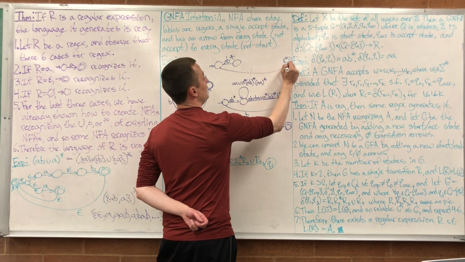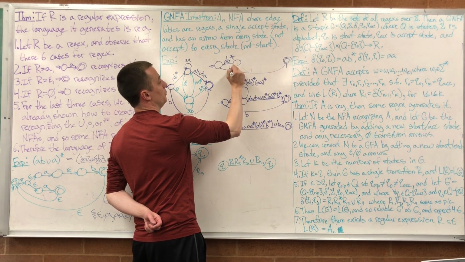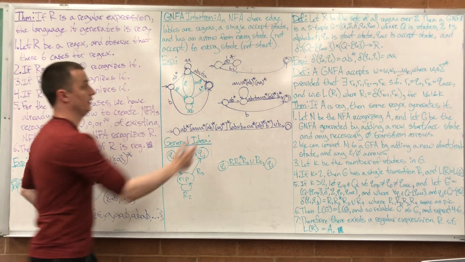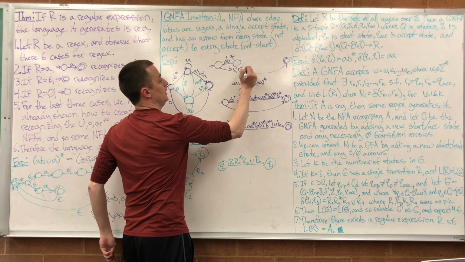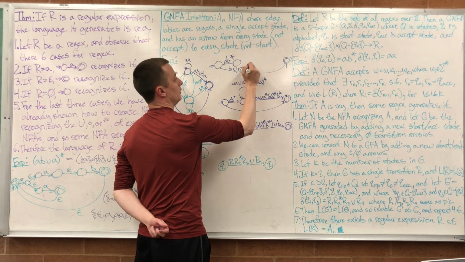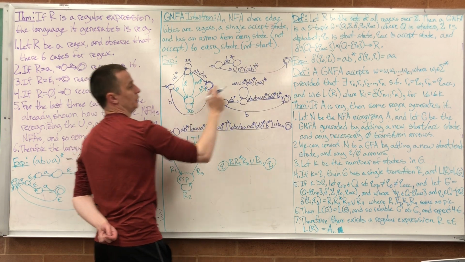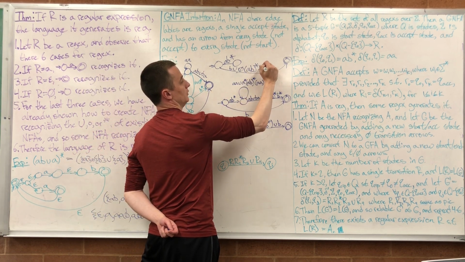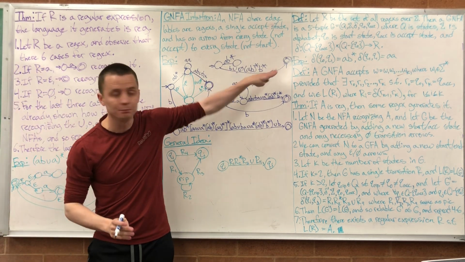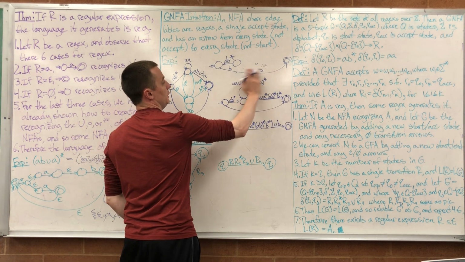We could do it with a B, or we could have gone on here, done the empty set concatenated with, once we were here, as many ABs as we wanted, AB star, and then concatenated with B star is another way that we could have gone there. It just so happens that simplifies to just B. So we can replace that with just a B.